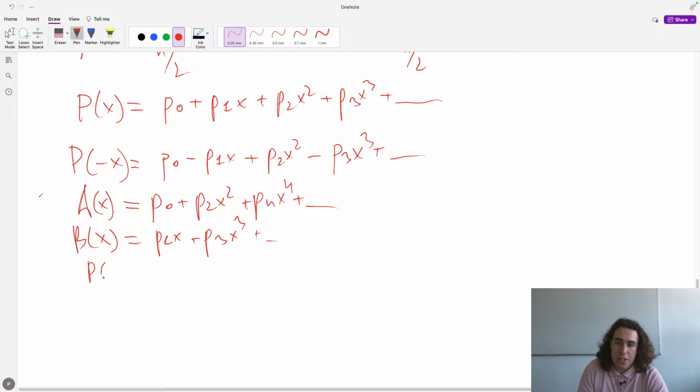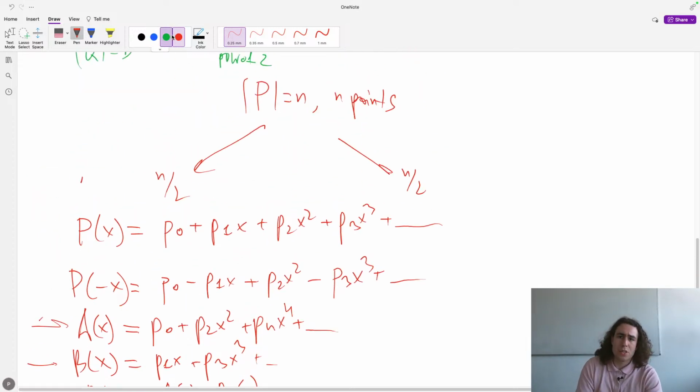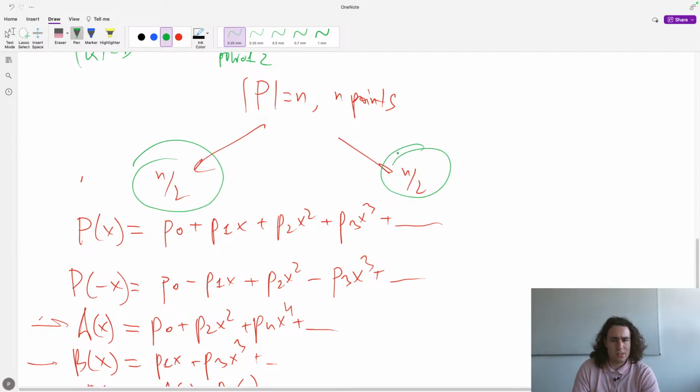And then we know that p of x is a of x plus b of x, and p of minus x is a of x minus b of x. So knowing the values of these two polynomials only at positive x gives us the value of the whole polynomial at both negative and positive x.